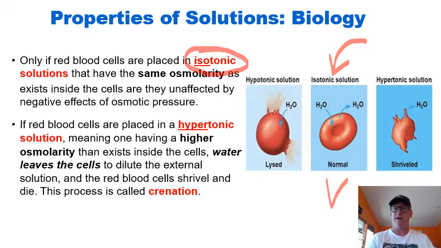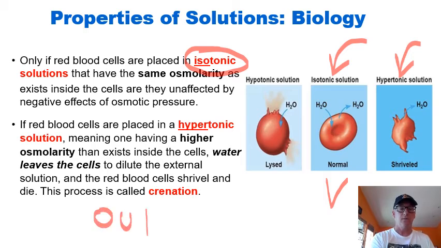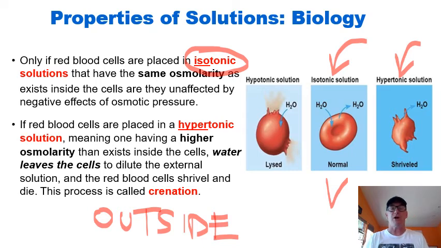And so we would have a normal looking cell. If, on the other hand, we put it into a hypertonic solution, hyper meaning higher, so we have a higher concentration of solutes outside the cell than inside. Well, what's going to happen?